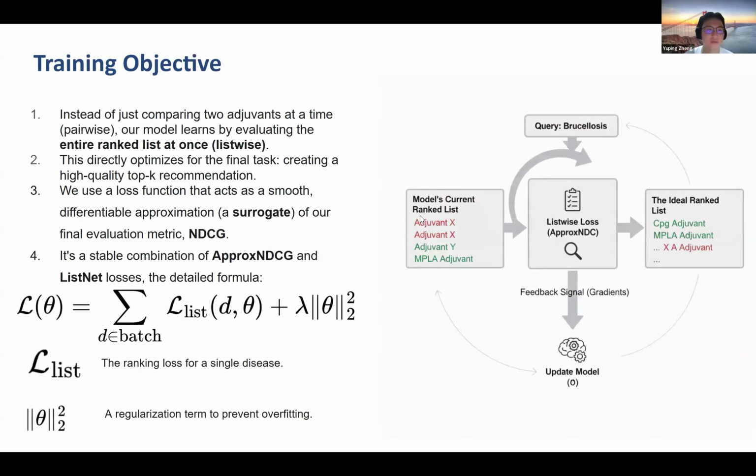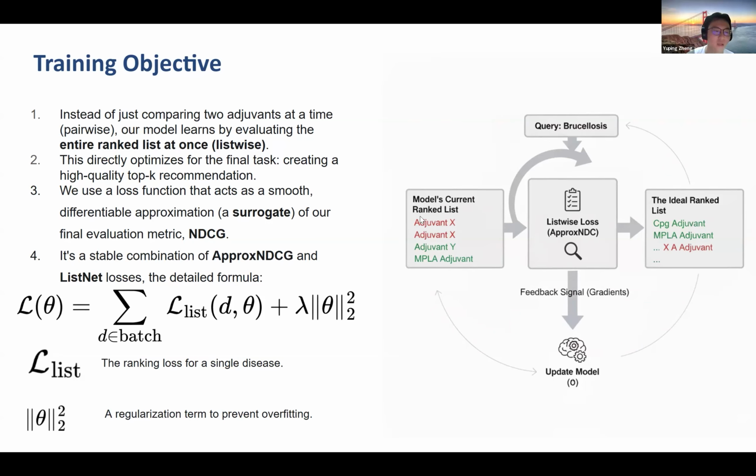So we get to the last part, which is the training objective. For a given disease, the model gets an entire list, like the first adjuvant, the second one and the third one. It will predict a ranked list, and the model will compute a loss based on this.